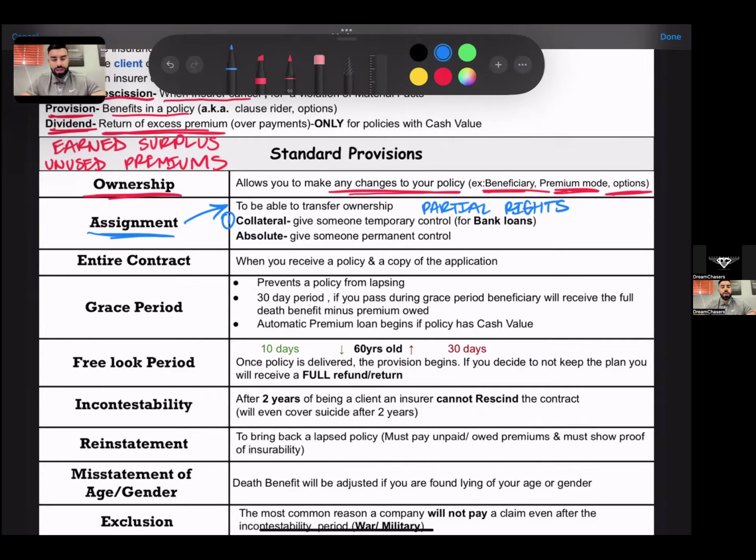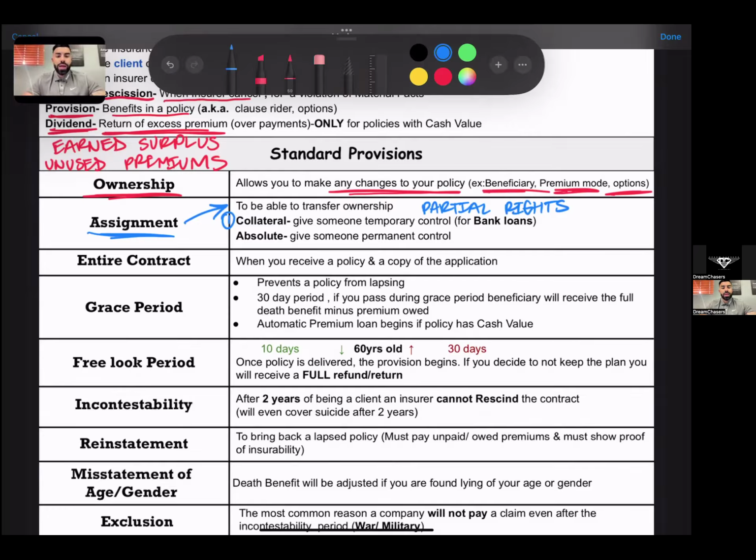For example, let's say I'm covered for $500,000 with life insurance, and I go to Bank of America because I want to get a loan from them. They say, okay, based on your credit history, your length of credit, we can't give you the loan. Then I mention, hey, I have a life insurance policy where I'm covered for 500,000. The loan I'm looking to get from you, Bank of America, is 250,000.